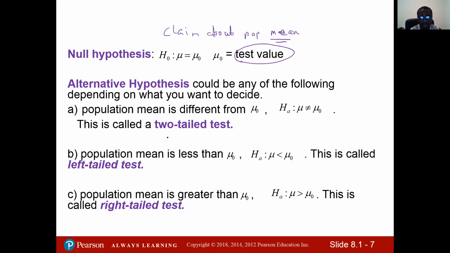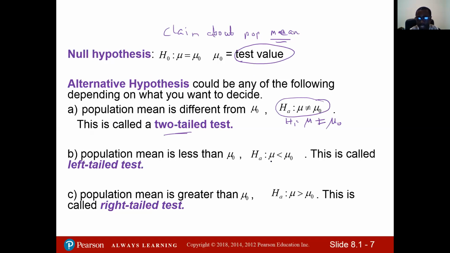If it's a two-tail test, then the alternative is HA, or H1: mu is not equal to the test value. Okay, that's a two-tail. So when you have the alternative being this, it's a two-tail test.